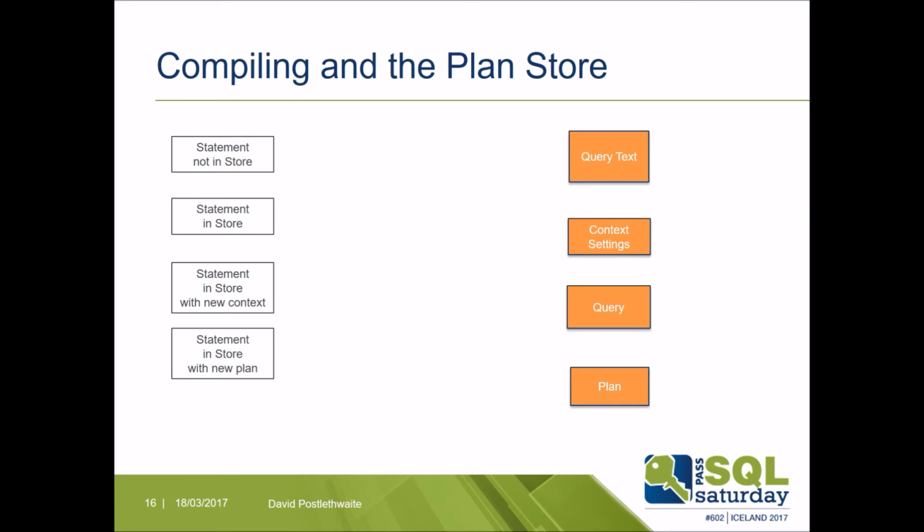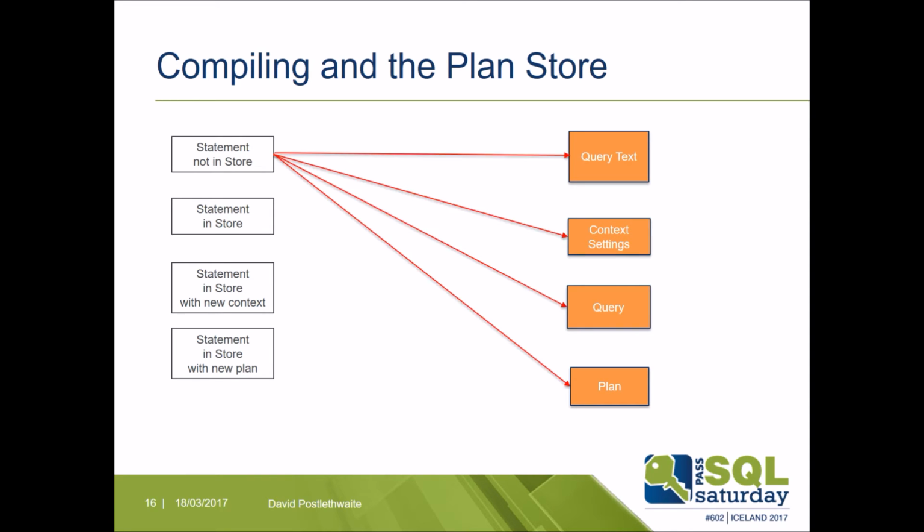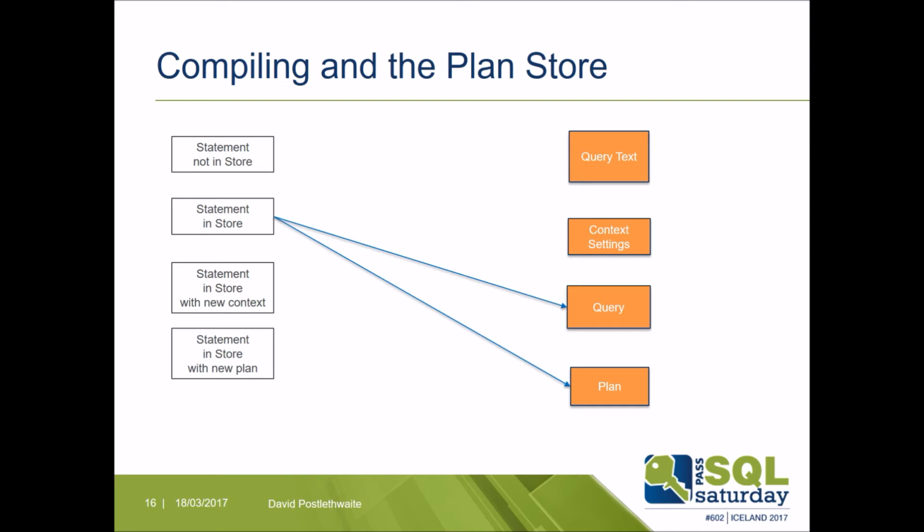Query Store populates the data in this way. If the query text is not stored, i.e. this is a brand new statement seen for the first time, then Query Store will create an entry in each table. If the query text was in Query Store and it's executed again, then just the query and the plan will be updated with the new information.